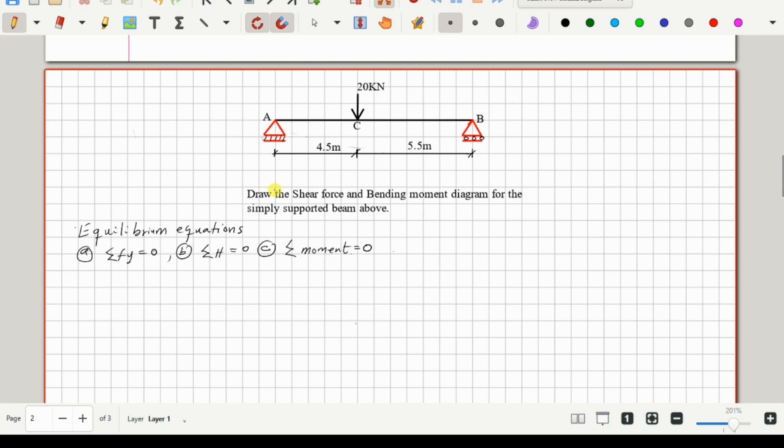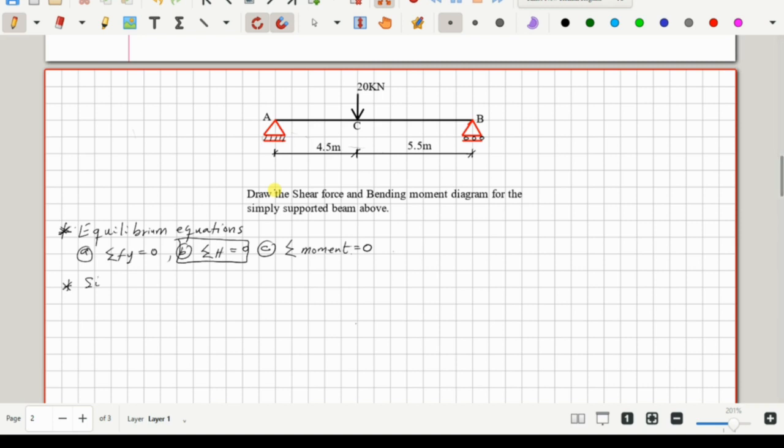Right, so that will be the first thing. We've been able to establish the three equilibrium equations we'll be using. When we consider our structure, we don't have any horizontal force or reaction. So condition B will be out. We'll be focusing on condition A and then condition C. Right. So the next thing we are going to do is to establish our sign convention.